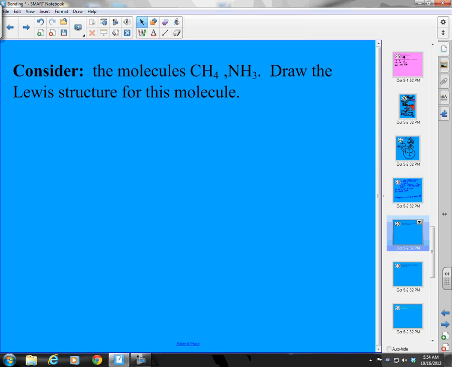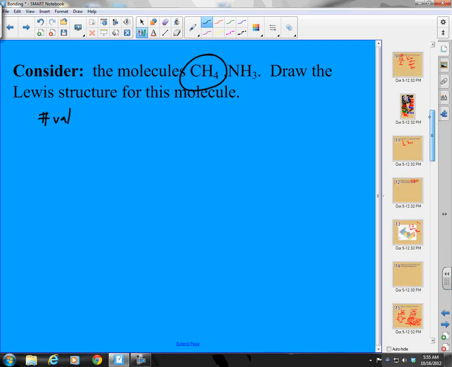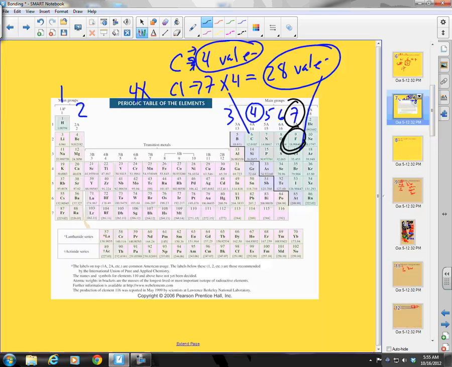And here we go. Consider the molecules methane and ammonia. Draw the Lewis structures for these molecules. Let's start off with methane. First of all, we want to figure out the number of valence electrons. Carbon has 4 valence electrons.